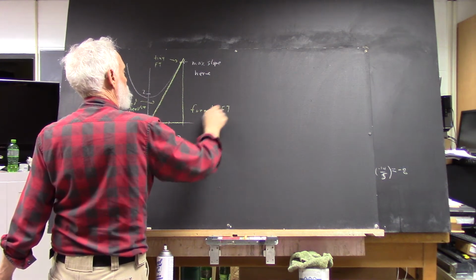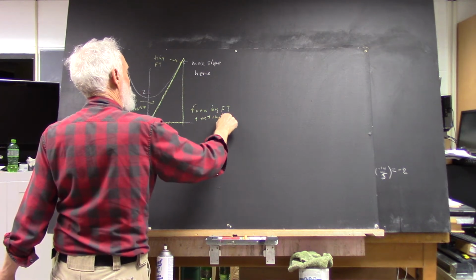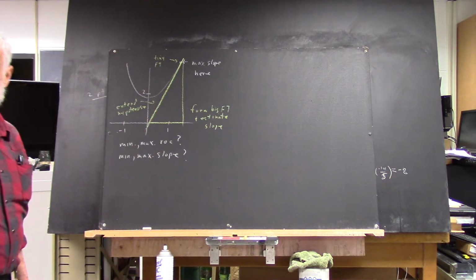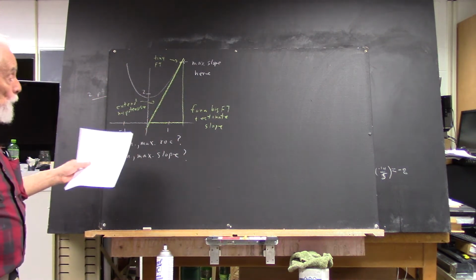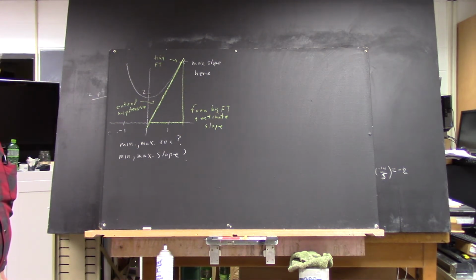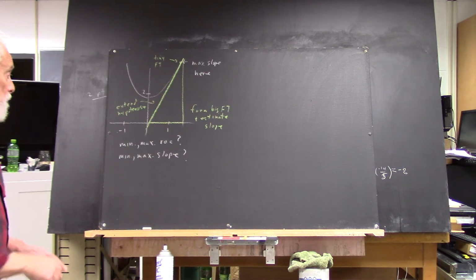Form a big fundamental triangle and estimate the slope. Okay? What do you estimate the run to be here? More than one or less than one? More. More than two or less than two? Less. Okay, clearly not two.